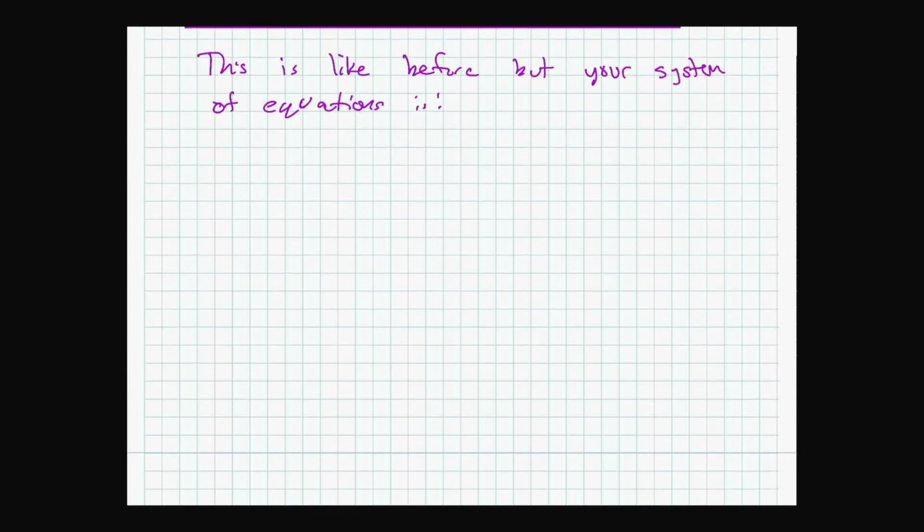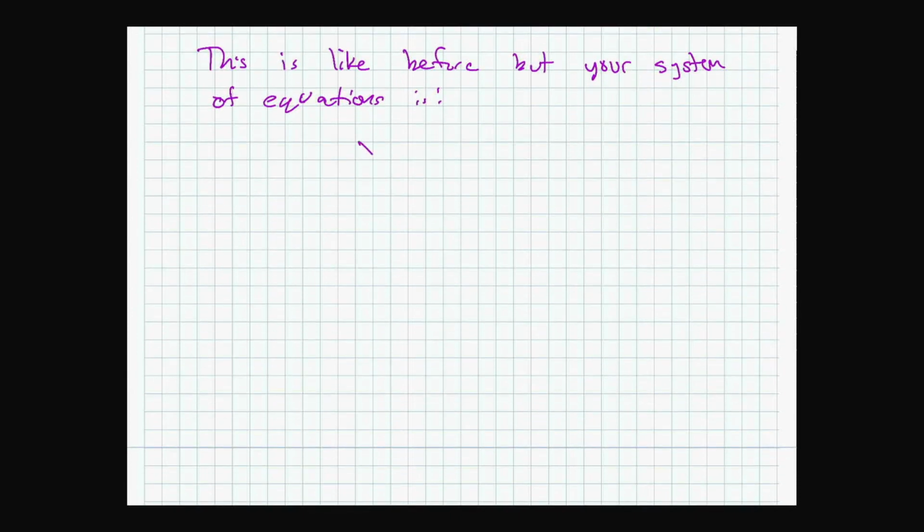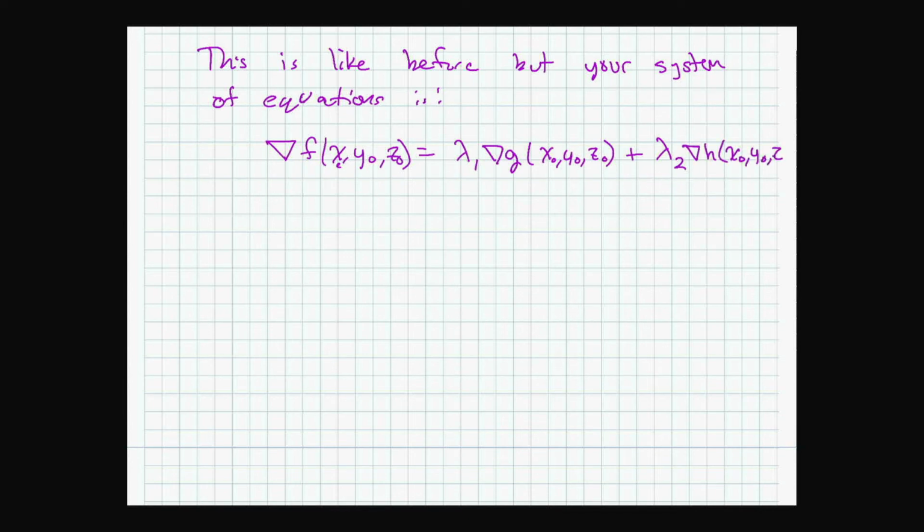You need the gradient of f at x0, y0, z0 equal to lambda 1, there are two lambdas now, times gradient g at x0, y0, z0, plus lambda 2 times gradient h at x0, y0, z0.